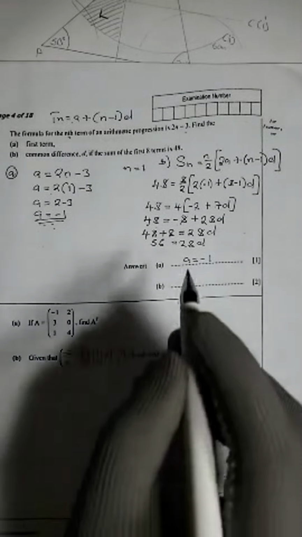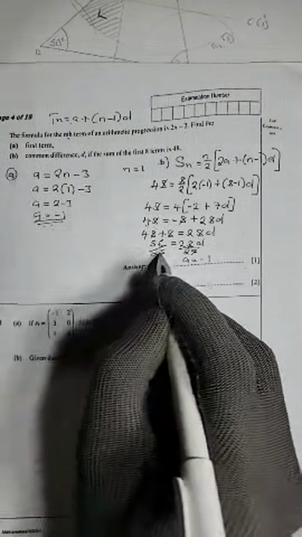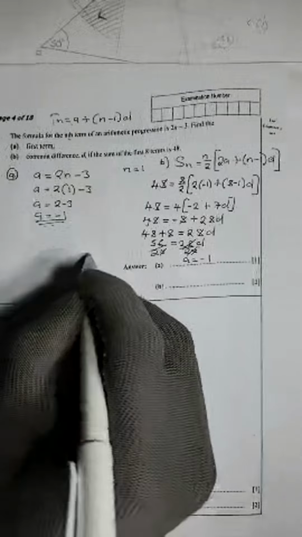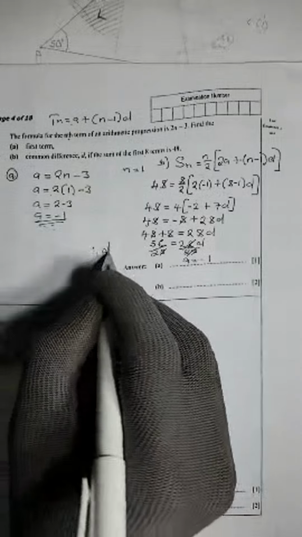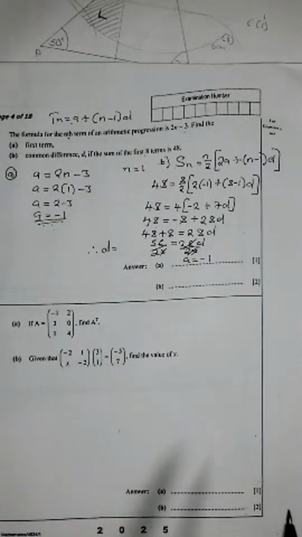28d. Then you divide both sides by 28. This and this will cancel. So, therefore, the common difference is equal to, how many times does 28 go into 56?